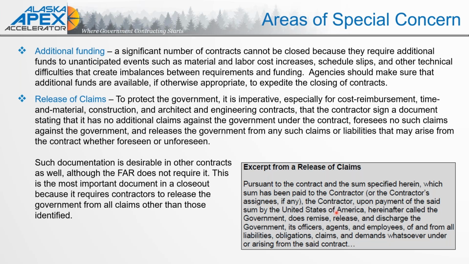So again, having a subcontractor sign a release stating that they have received final payment and completion of work, and also that you've accepted the entirety of their performance under that subcontract, so that there's not someone coming back to you after the fact saying, hey, we did additional work, and now you're trying to invoice that and roll that up after you have received that final payment as well.